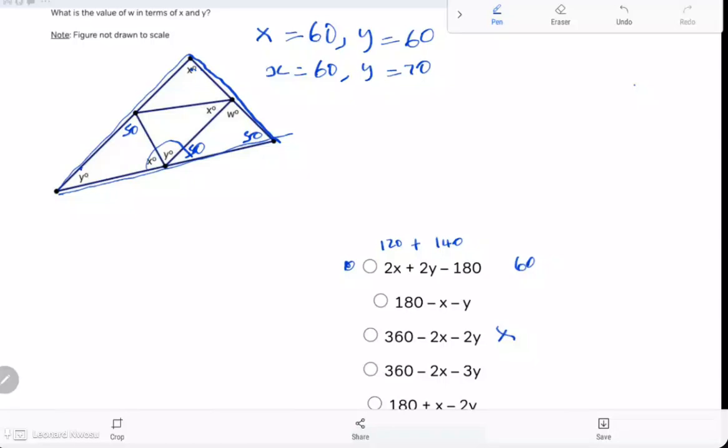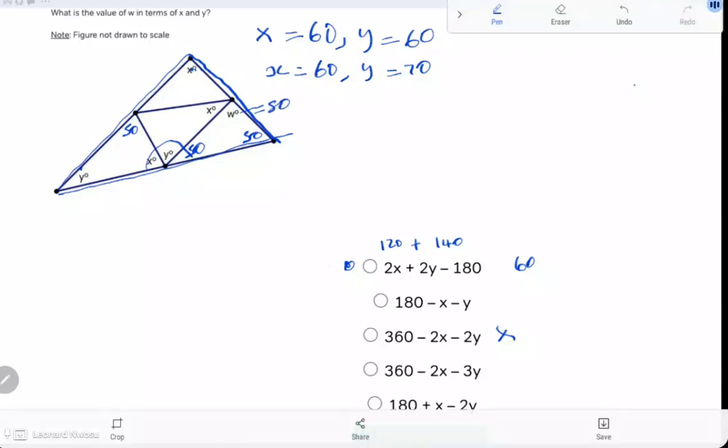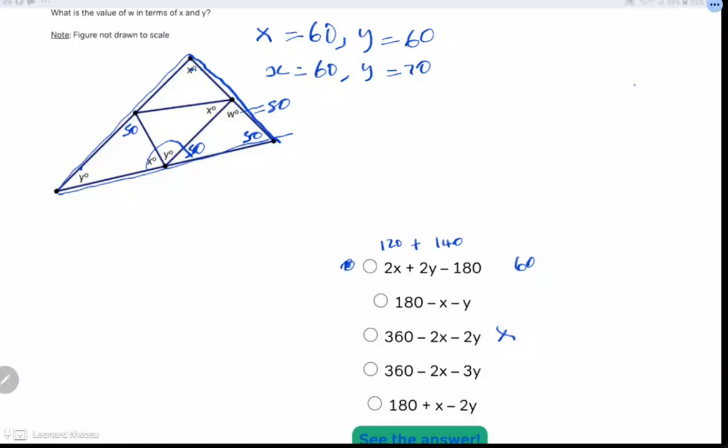Is it up to 140? So 260 minus 180 is not 140, it's 80. Remember that w here is 80. So w equals 80. So this is 80. Again, it's a suspect.